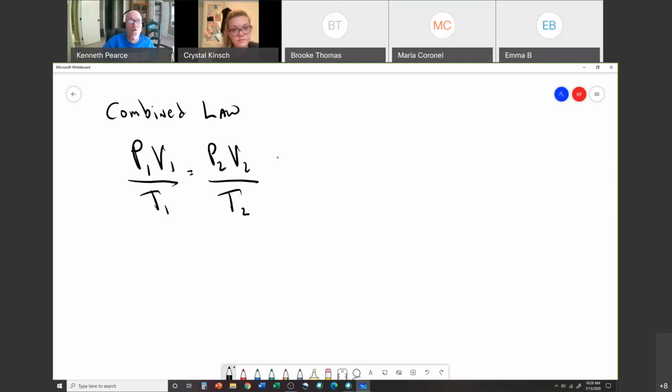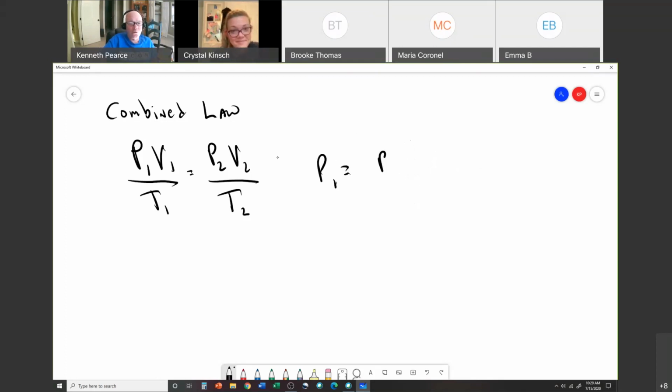So if I was to solve for, say, P1, I would say, what is that? That's P2 over V1 times T1. And am I doing this right? Let's see, I'm solving for P1.